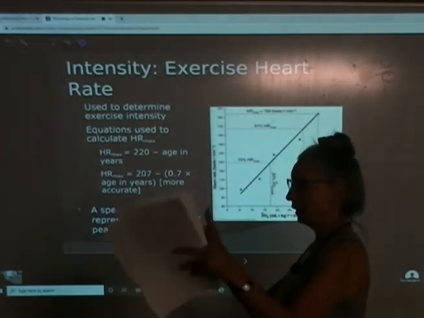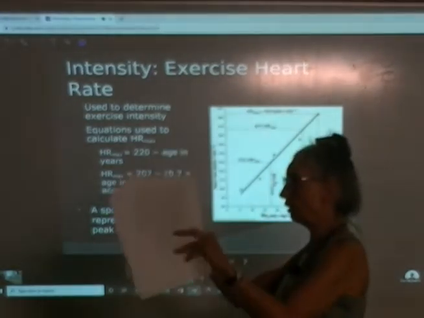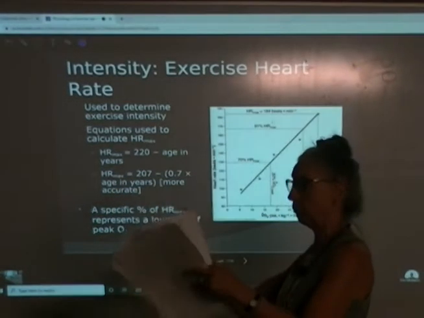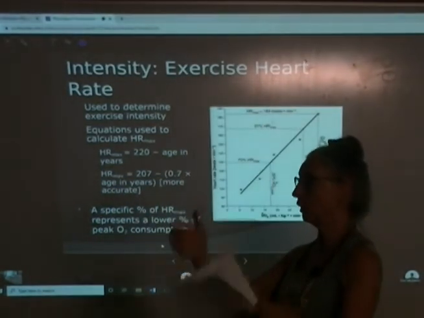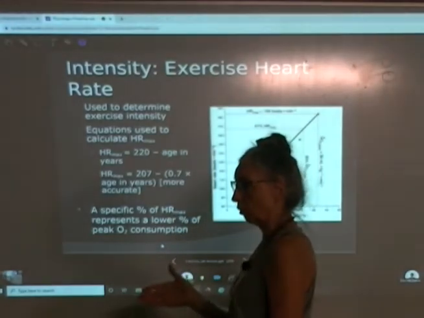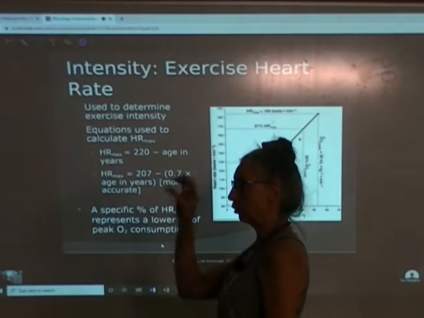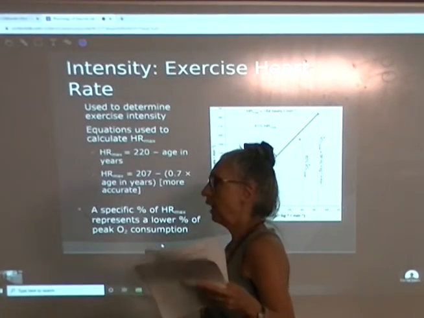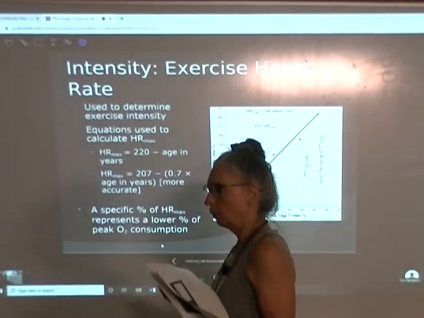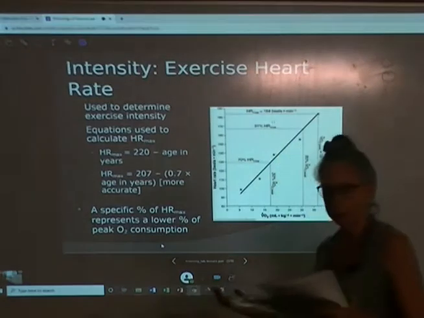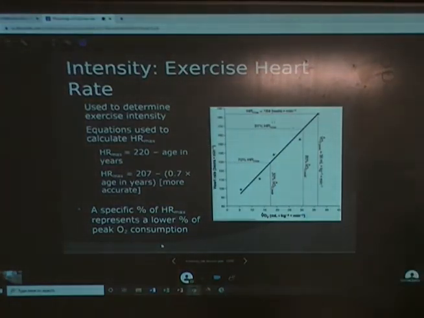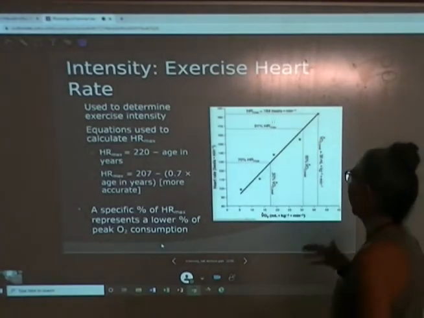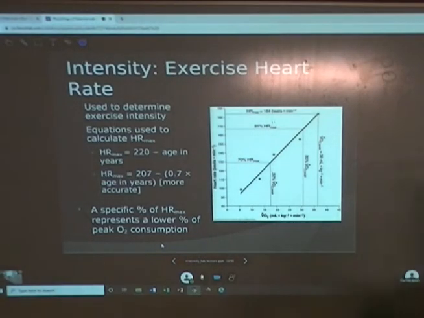And so I can say to him, okay, go out and run today and keep your heart rate between 149 and 174. That's the training zone I want you working in for today. And it's so simple, right? I like to keep my life simple. I don't like to make things more complicated than they have to be.